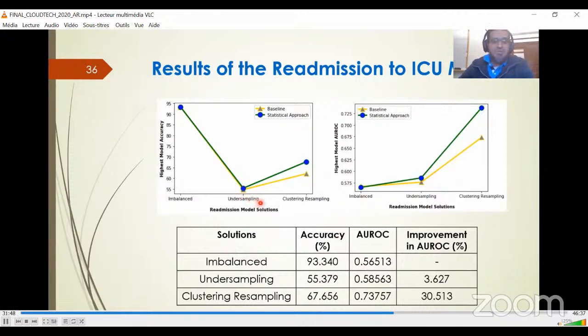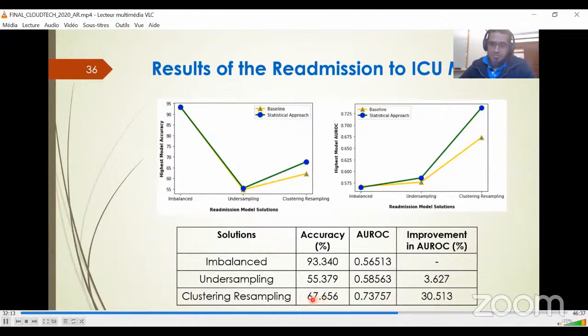When you use the undersampling solution, the accuracy dropped to 55, huge, but we have a balanced classification problem. But in the area under ROC, it's better, so about 3% improvement. But when you use the clustering readmission, the accuracy is better than undersampling.